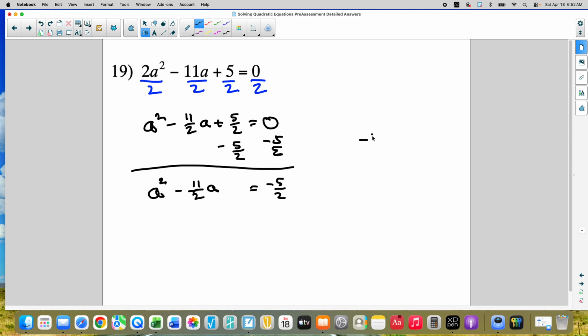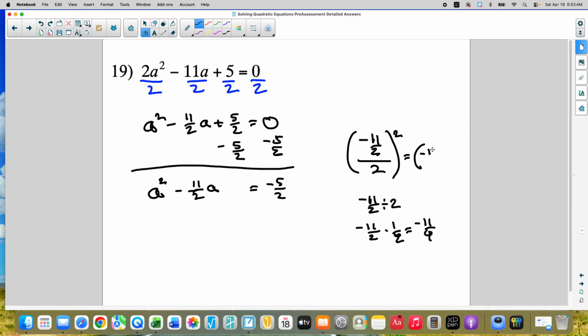So we're going to take half of my b value and square it. Half of 11 halves is 11 halves times 1 half, which is 11 fourths.